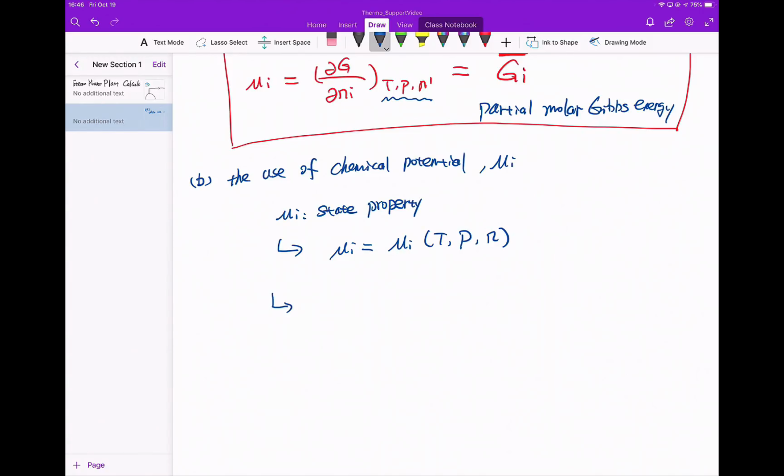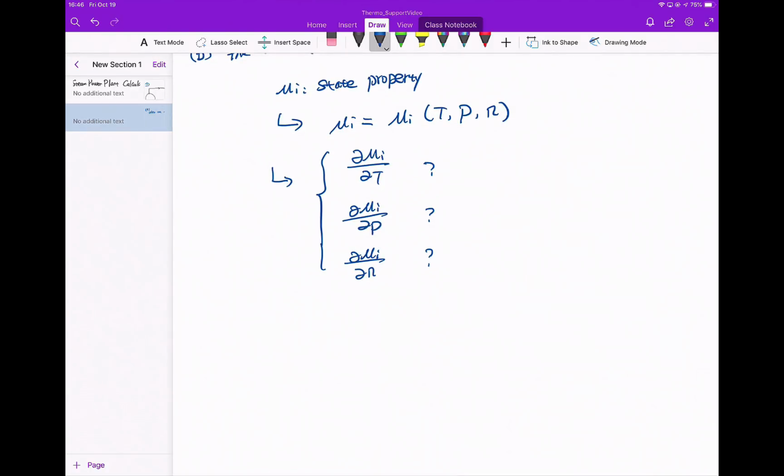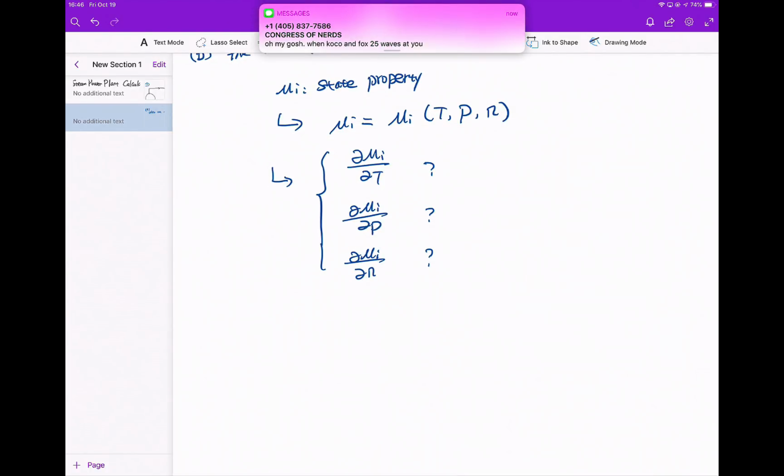This is why we are trying to double check the d mu I over dT, d mu I over dP, and d mu I over dni, to see what would be the surprises out of these three partial derivatives.